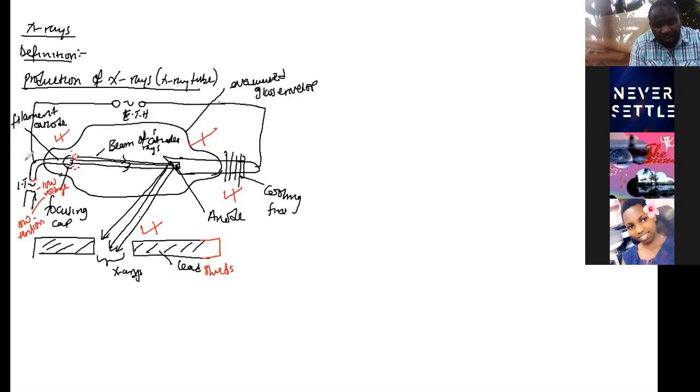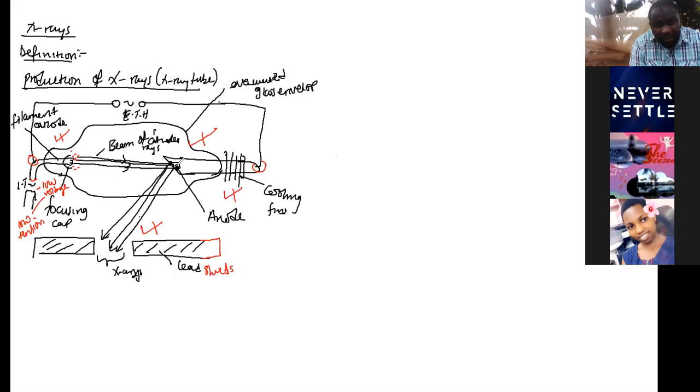And then, because of the extra high tension between the cathode and the anode, this extra high tension is going to produce a potential, which potential will accelerate the produced electrons.